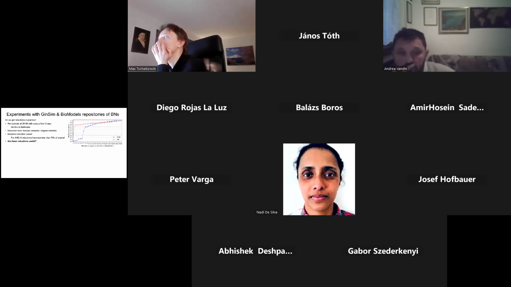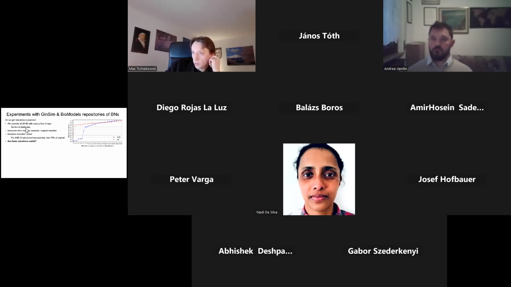Here are now the applications. So what did we do? We considered two repositories, well, actually three, but at this point two, where we took 29 Boolean networks out of the GenSim and BioModels repositories. On the right, you see the reduction ratios for the operations min and max, AND and OR, over those Boolean networks.